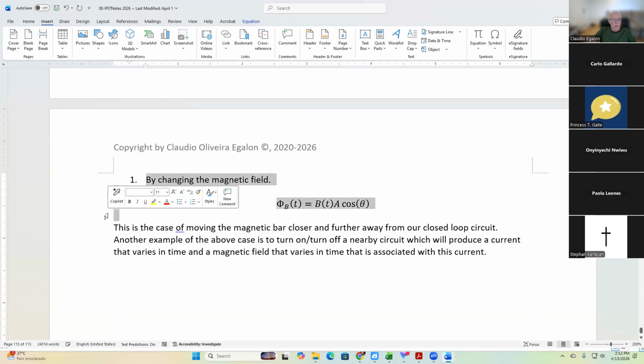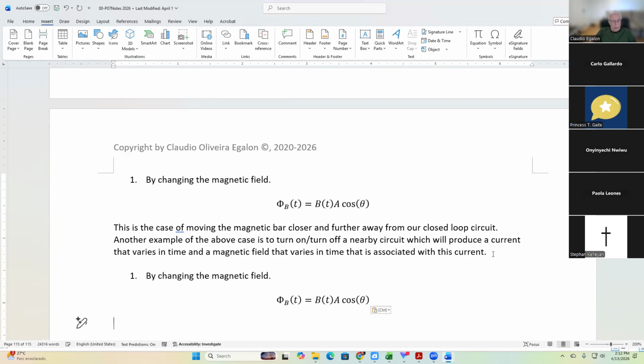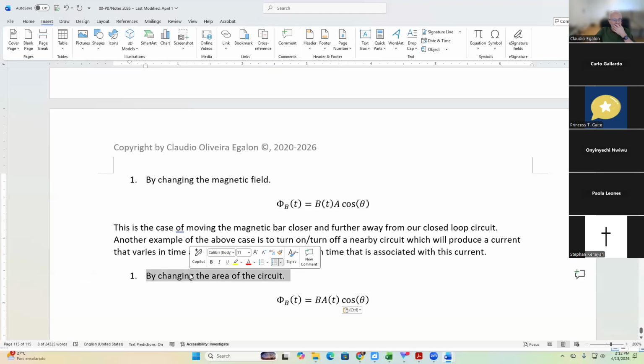And then the next one, by changing the area of the circuit. The time dependence here is moved to the area of the circuit. Continue numbering.